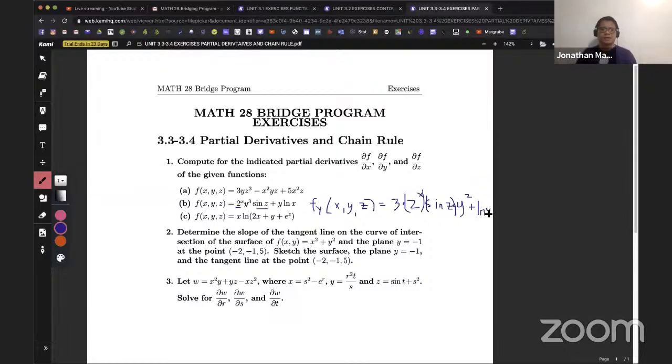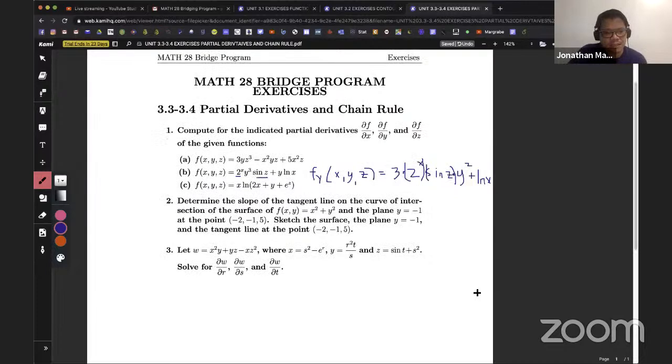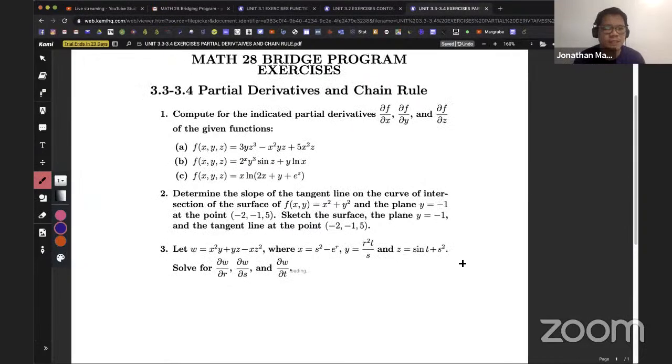So that's how to determine or how to get partial derivative. Kino-consider mo lang yung ibang mga variables as a constant. Okay? Now let's look at this problem, item number 2.